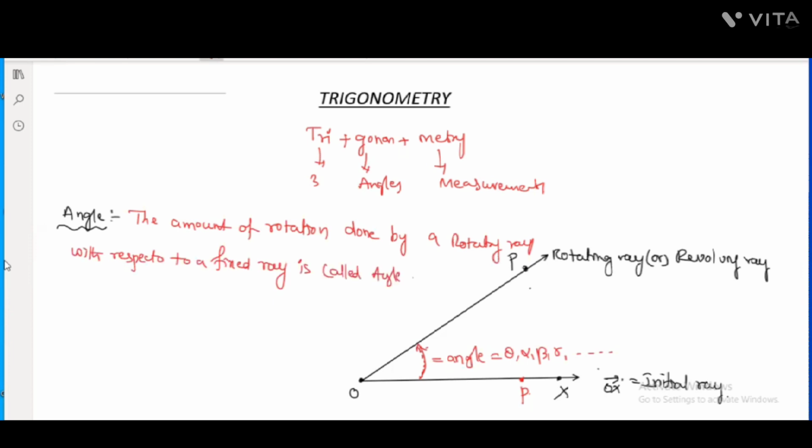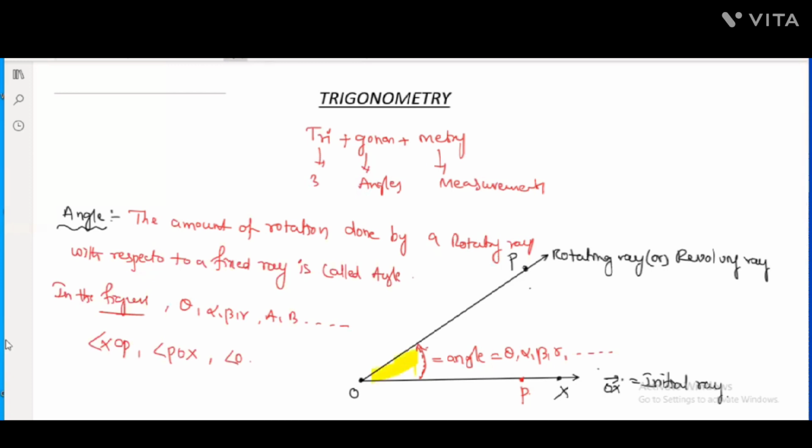In this figure, how do we write that? Generally, the angle can be denoted with theta, alpha, beta, gamma, or A, B, C, all the capital letters of the English alphabet. Or geometrically, we can represent the angle as angle XOP, or angle POX, or angle at O. Where the angle is forming, that is the vertex.